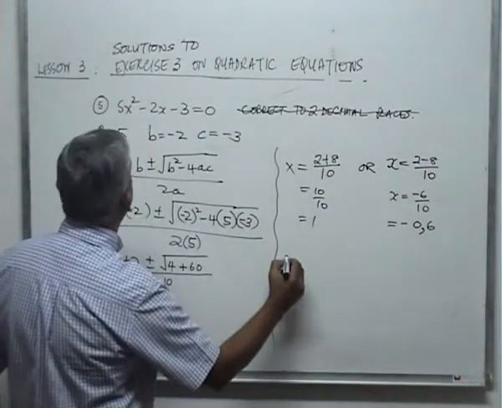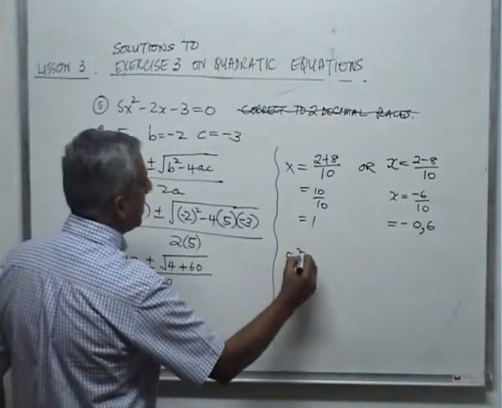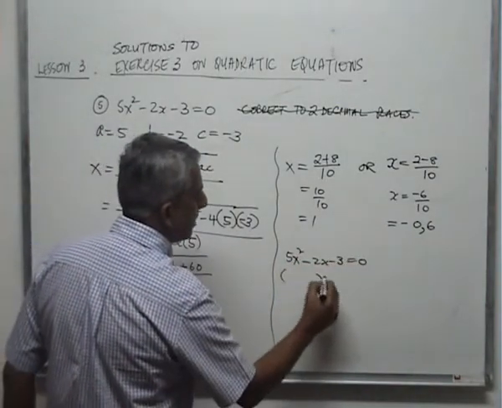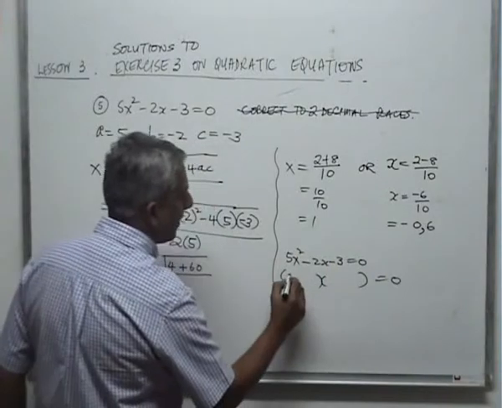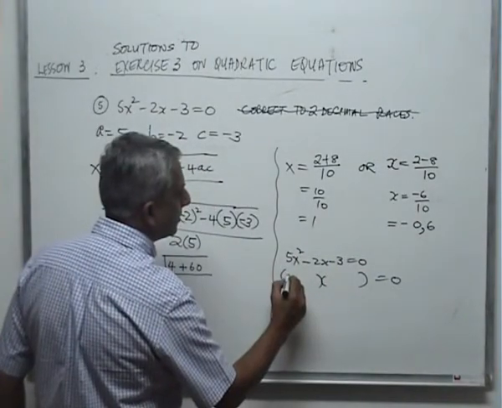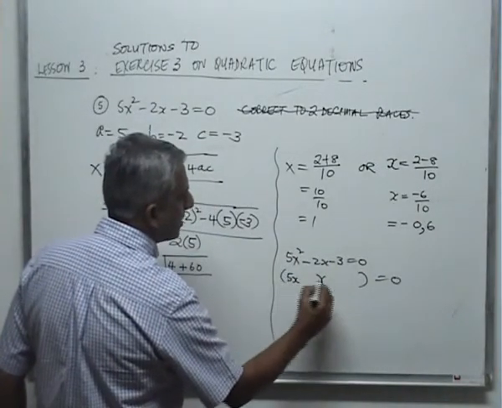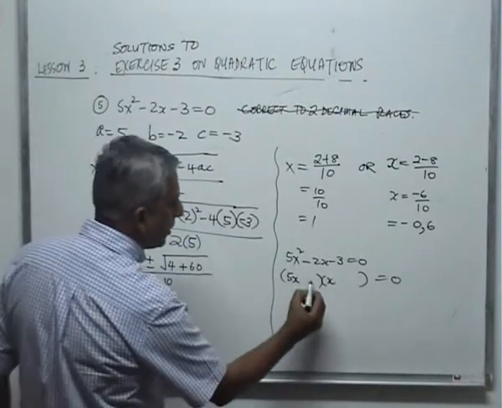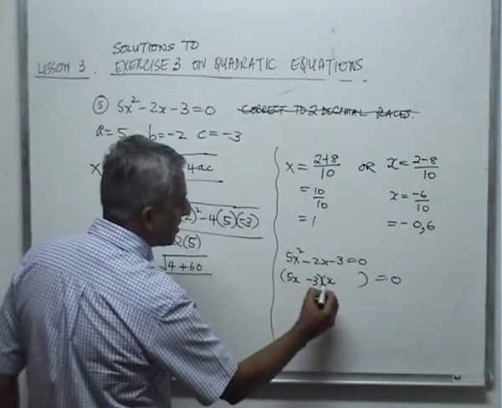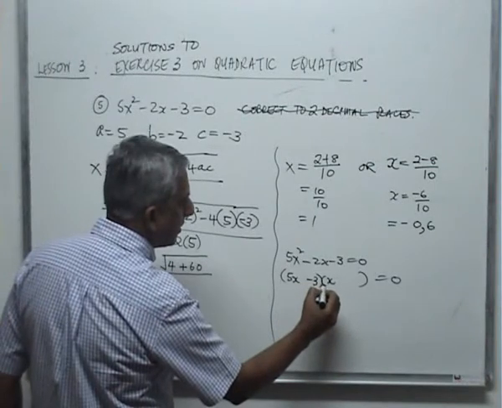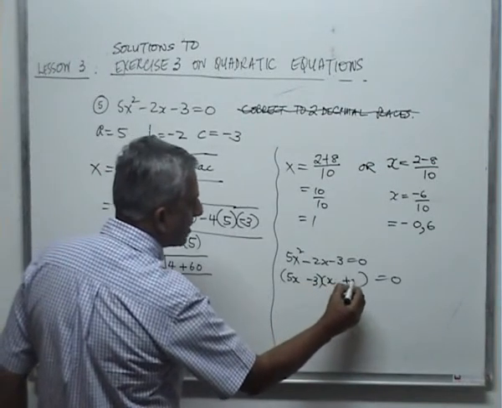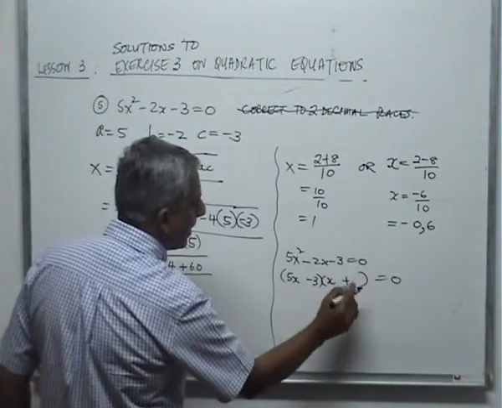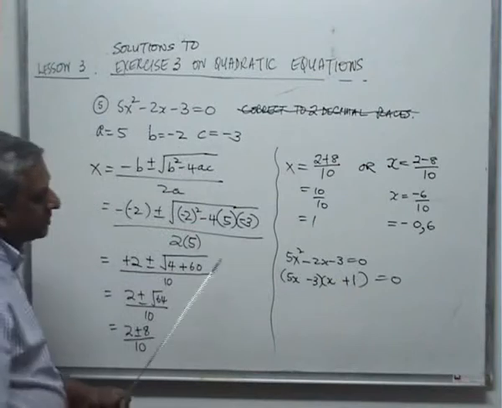If you try to factorize 5x squared minus 2x minus 3 is equal to 0, then the factors are 5x and x, and then you write your minus 3 here and plus 1 there.